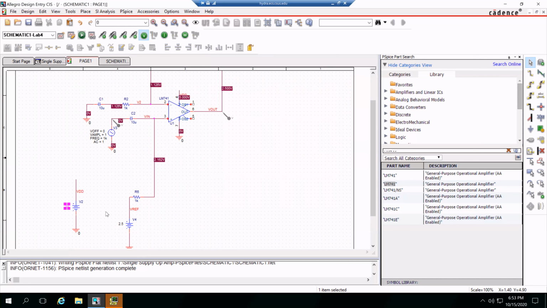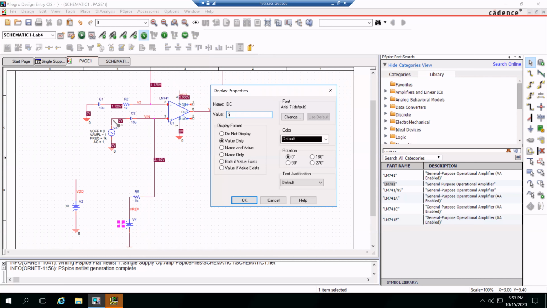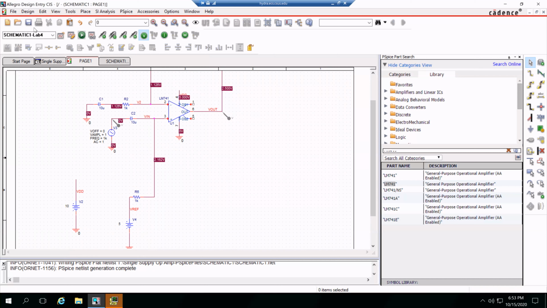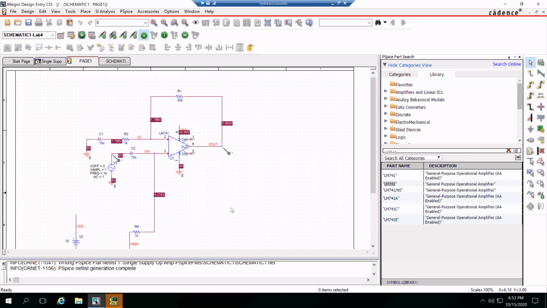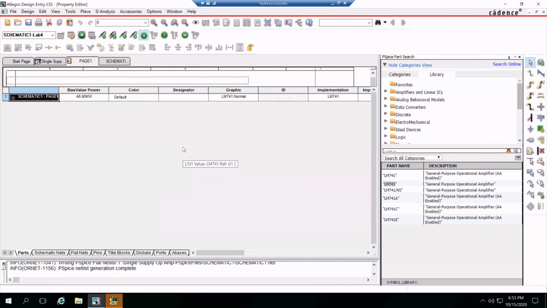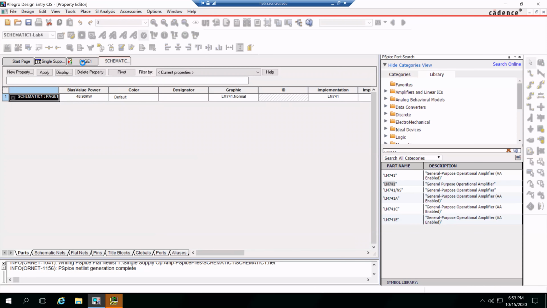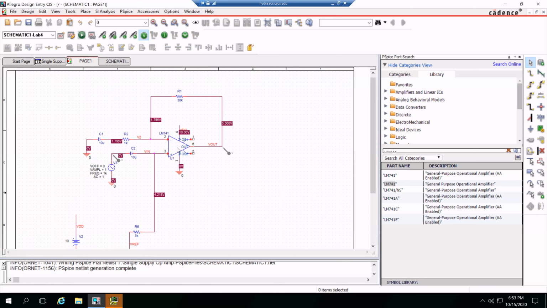Change this to 10. Change that to 5. Kind of wondering if it's a limitation of the op amp, maybe these lower voltages. Yeah, something's. Delete this guy out for a second.